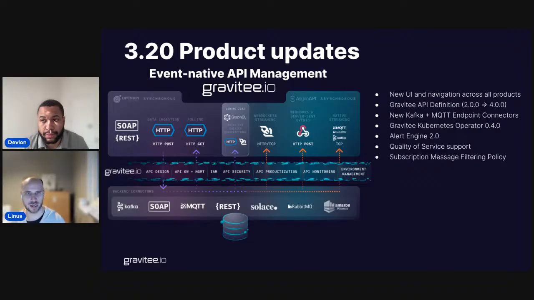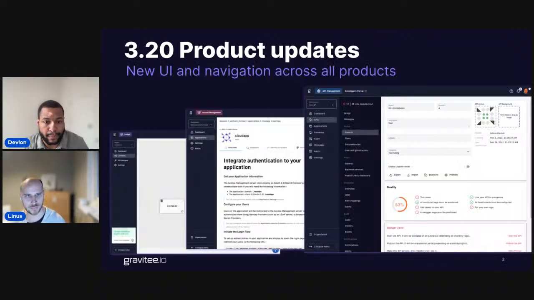Obviously, deployment architectures, microservices and cloud native are very important to Gravitee, and I'll be happy to walk you through, as well as Devian, our latest iteration of our Gravitee Kubernetes operator. We also have made a major improvement to our Alert Engine product, now going into a 2.0 version, so I'll speak a little bit about that. And then we'll round up with some new additions like quality of service support and subscription message filtering.